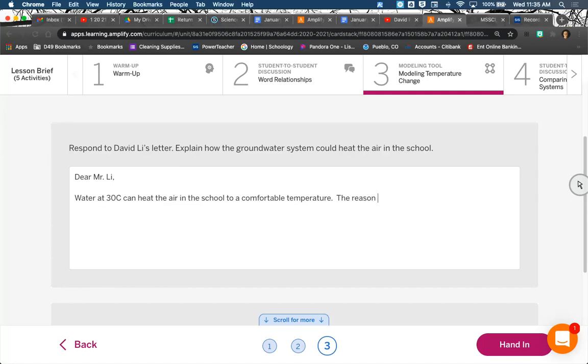The reason why is that the tank of water is large enough to hold the total amount of heat necessary to increase the air temperature in the school.